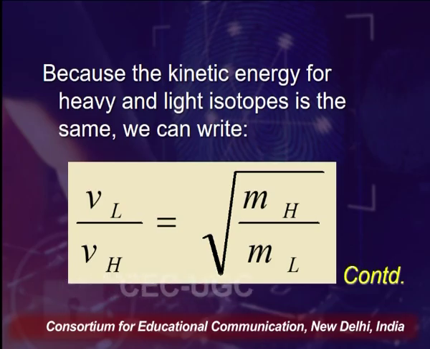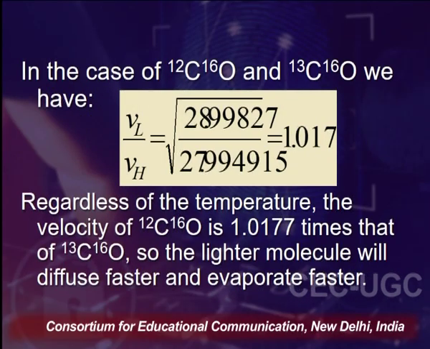So, because the kinetic energy for heavy and light isotopes is the same, we can write the velocity in terms of the mass: VL by VH is equal to the square root of MH by ML. So, for example, if we have CO2 with different isotopes, we have one CO2 with 12C and another CO2 with 13C.